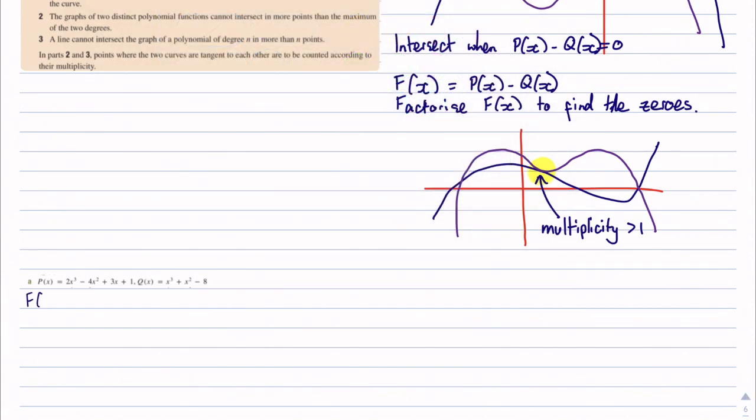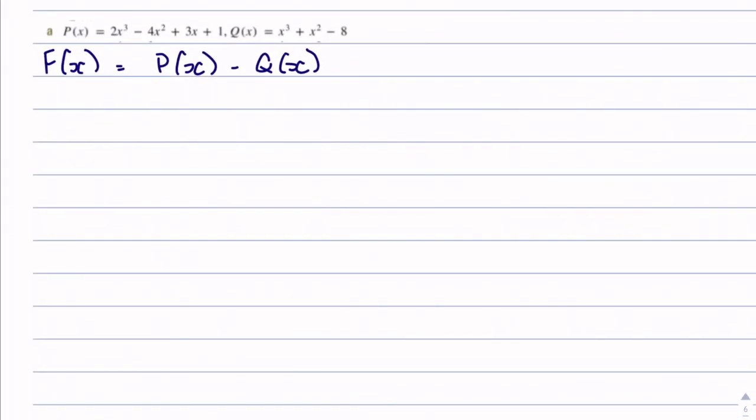So f of x is always going to be P of x minus Q of x. It's going to make your life easier if you choose the one with the highest degree to be P. So we've got 2x cubed take 4x squared plus 3x plus 1. That's P of x minus Q of x, which was x cubed plus x squared take 8.